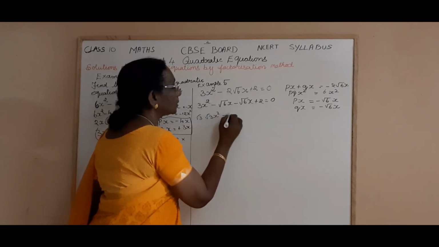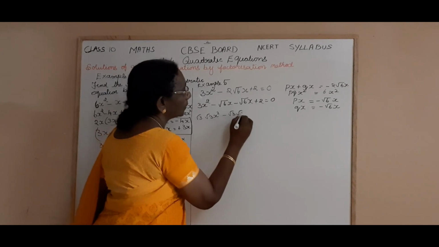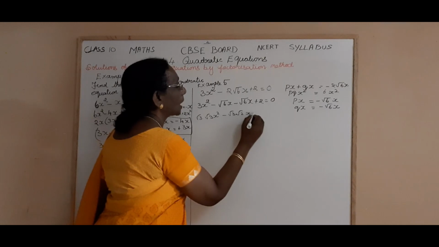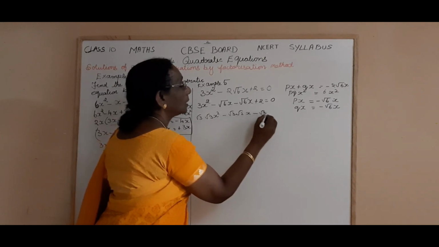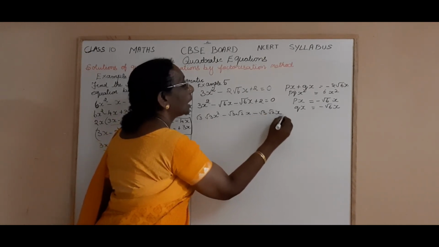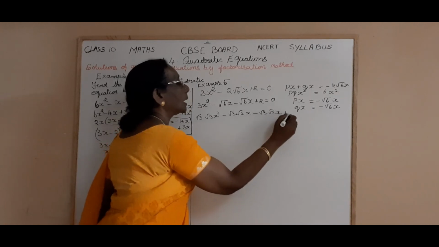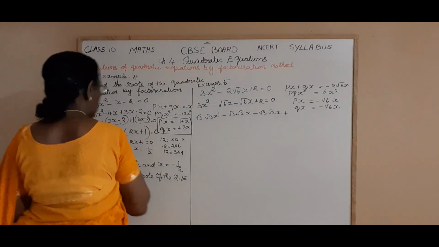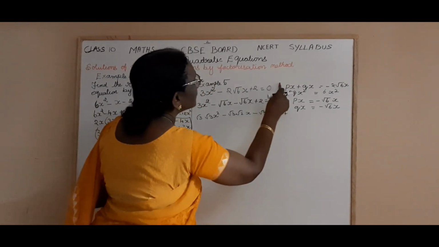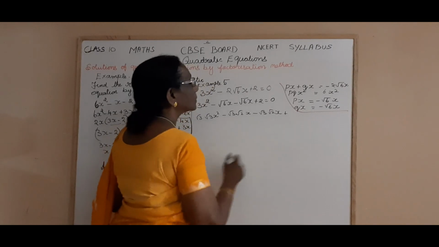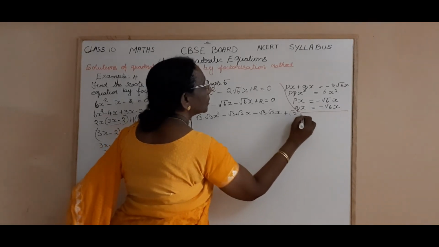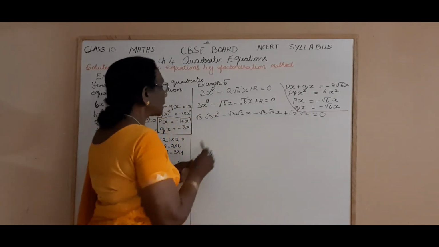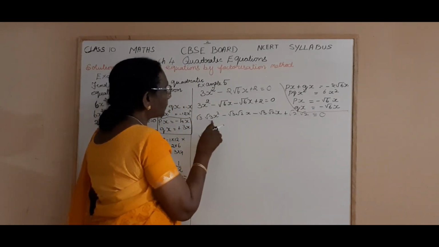Minus. This root 6 you can write as root 3 into root 2x. Again minus root 3 into root 2x. And this 2 you can write as root 2 into root 2 equals 0. So, in these two, which is common?